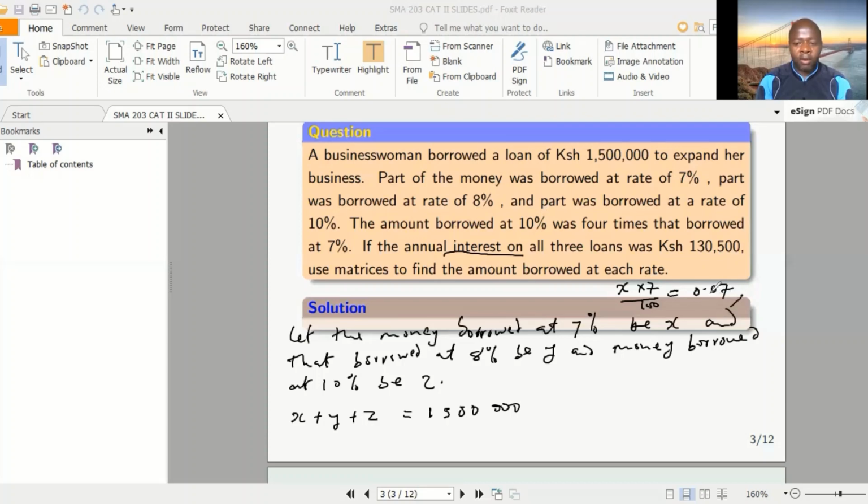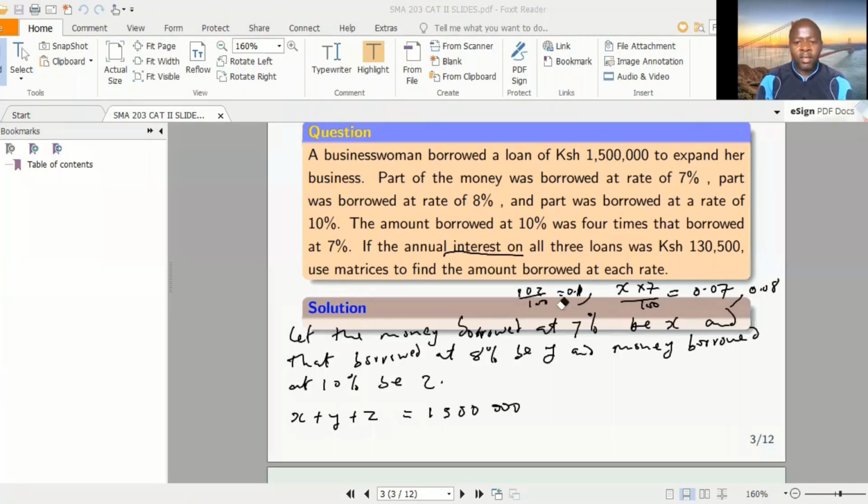The money borrowed at 8% was y, and therefore the interest will be 0.08y, that is just y times 8 divided by 100. And the amount borrowed at 10% was z, so the interest will be 10z out of 100, and that is just 0.1z.